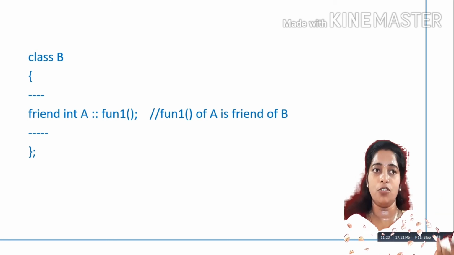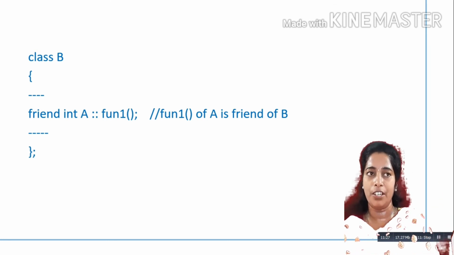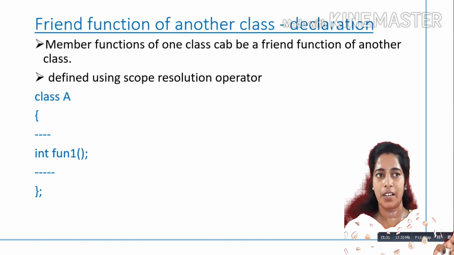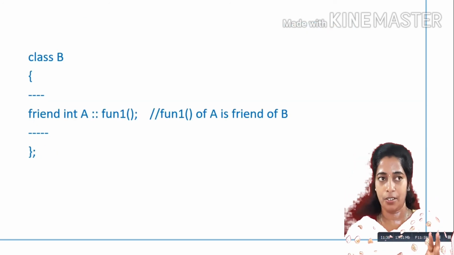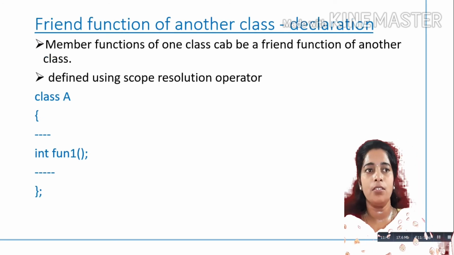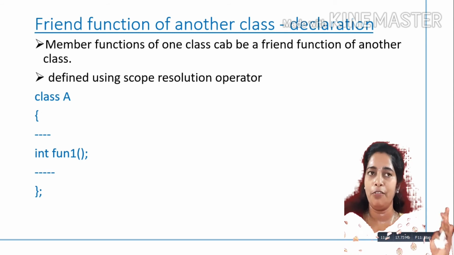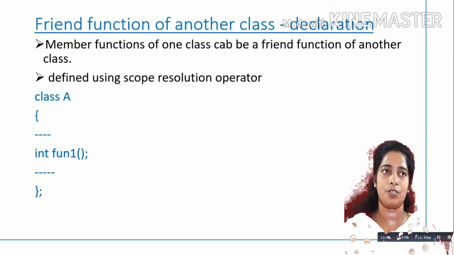Here also we have this function 1. So the class B has a function that is a friend of the class A. We are accessing this using the scope resolution operator. So member functions of one class can be a friend function of another class.